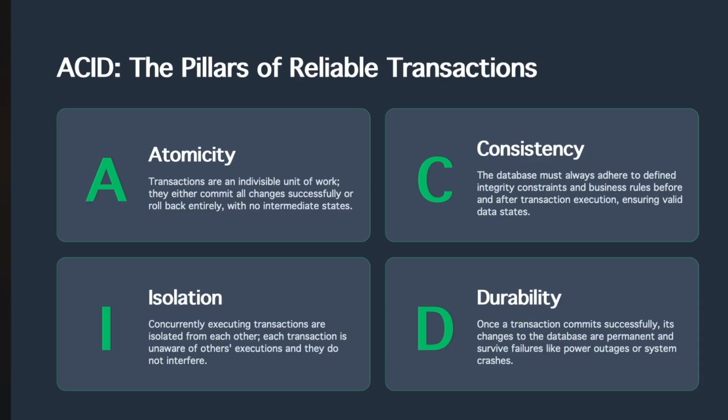First, let's start with the standard interview opening definition. ACID stands for atomicity, consistency, isolation, and durability. These are the 4 core transaction properties of relational databases, serving as the fundamental standard for reliable data transactions.